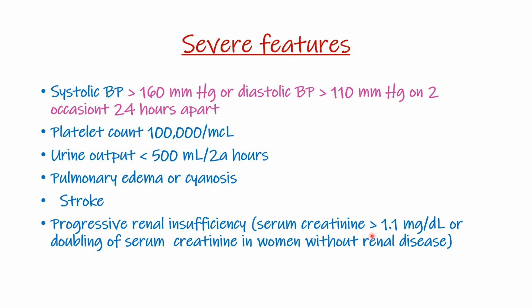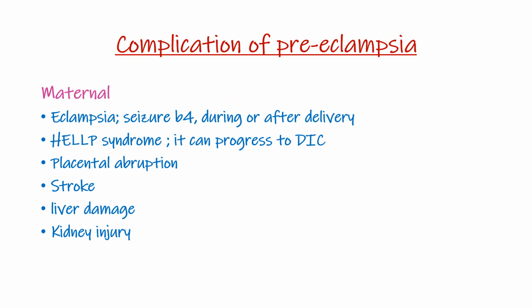So serum creatinine greater than 1.1 milligrams per dl, or doubling of the serum creatinine in women without renal disease. So complications of preeclampsia, we have maternal and we have fetal. In terms of maternal, preeclampsia means pre and then eclampsia, so kind of before eclampsia. Meaning if preeclampsia occurs, we have a higher chance of having eclampsia.